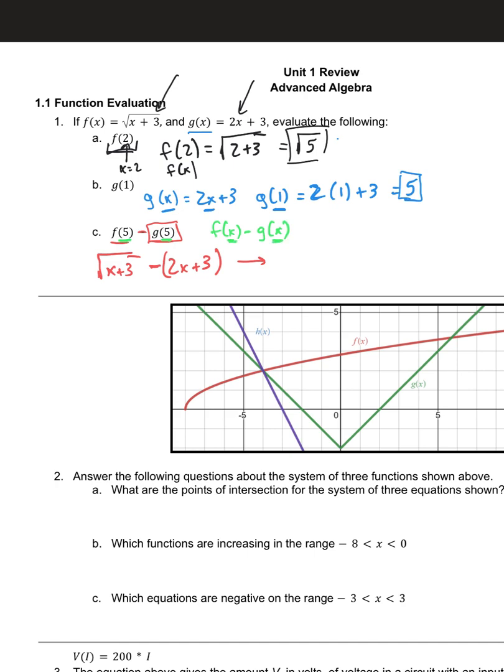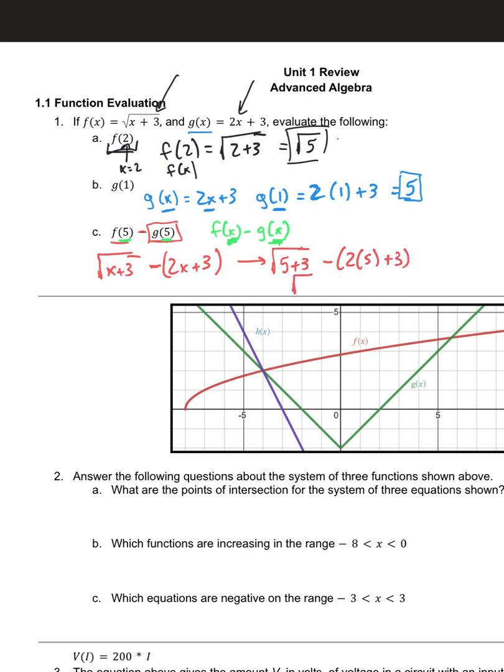X is the same variable, right? So if I plug in 5 for the first x, it has to be 5 in that second x because they're both x. Okay, hopefully that makes some sense. So square root of 5 plus 3 minus 2 times 5 plus 3.